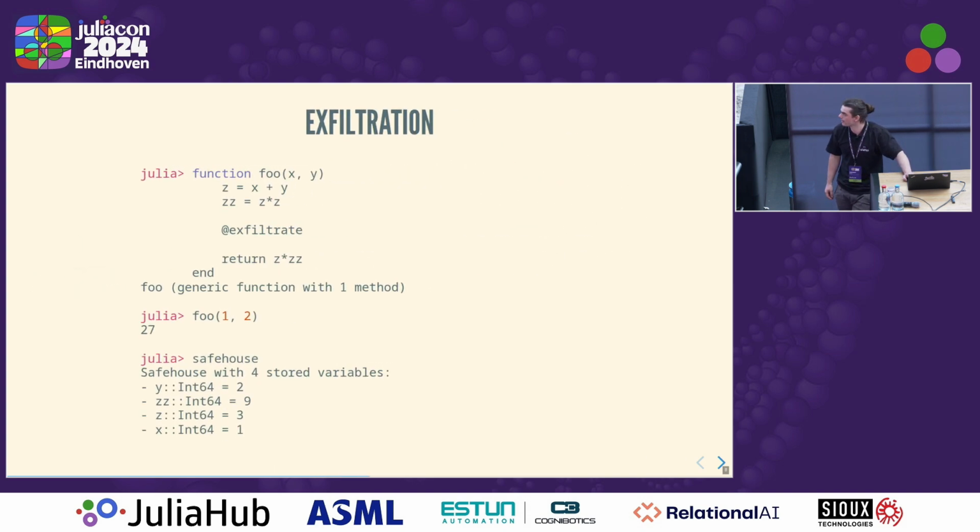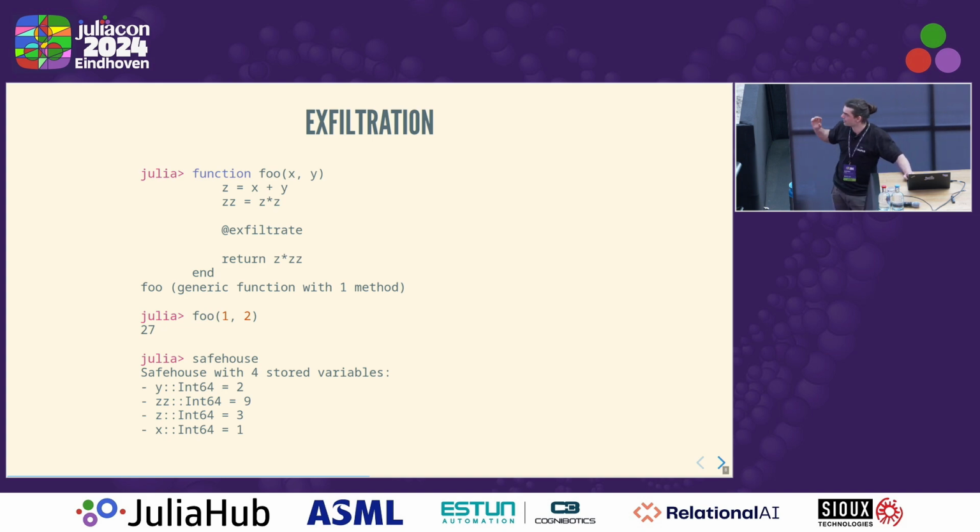All right, let's look at a quick example for code exfiltration. So I've got this super simple function here that has a bunch of local bindings, x, y, z, and zz. If I call exfiltrate in there, then our safe house at the bottom ends up with all of those bindings. So that's like the most basic use case for that.